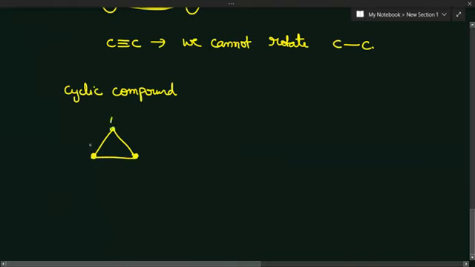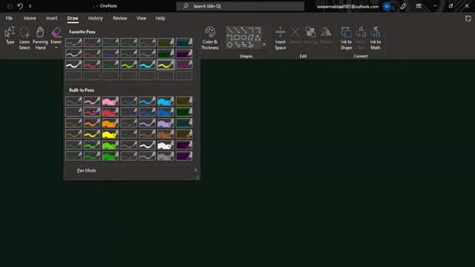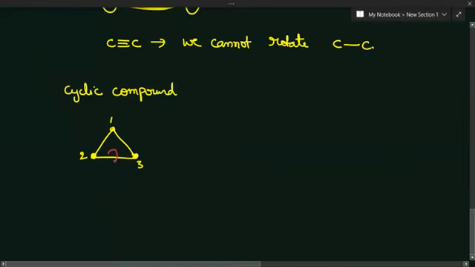If I take 1, 2, 3, I cannot rotate the 2 and 3 bond. Why? Because carbon 1 is joining carbon 2 and 3. So it is not possible to rotate the carbon 2, carbon 3 single bond.